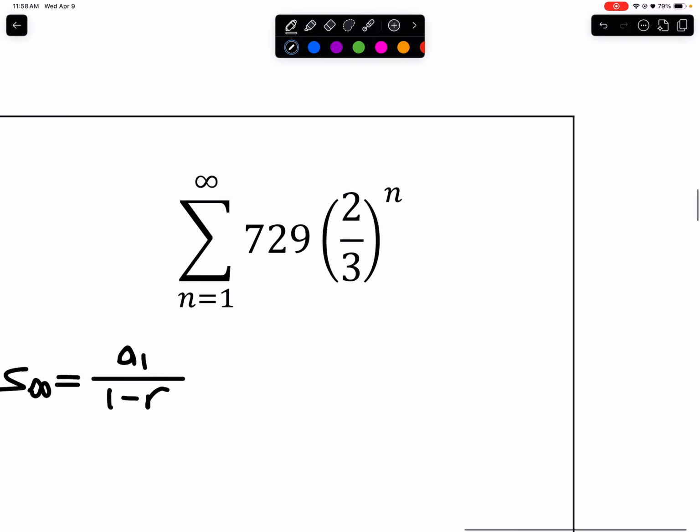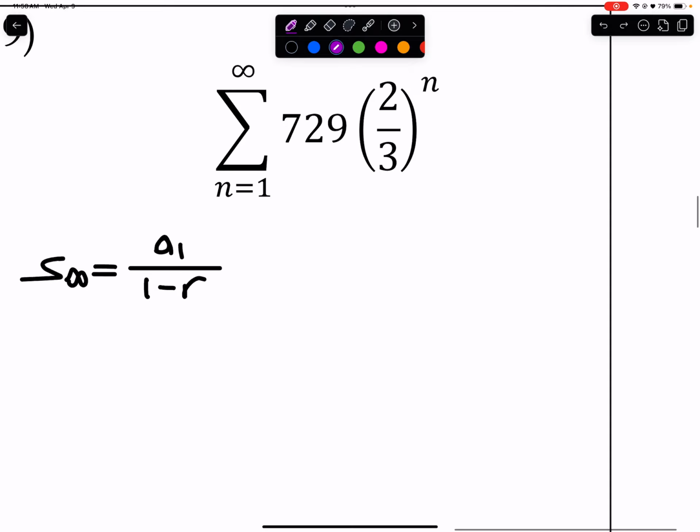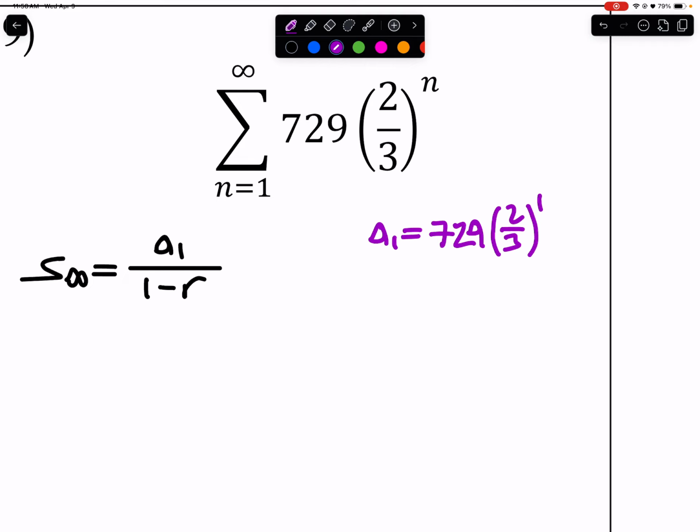Now, remember, we don't have that minus 1 here, so I can't just pull the 729 as my first term and the 2/3 as my r value. I actually will have to go and find the value of that first term. So the value of the first term is going to be 729, parentheses, 2/3 raised to the first value. So 729 multiplied by 2/3.